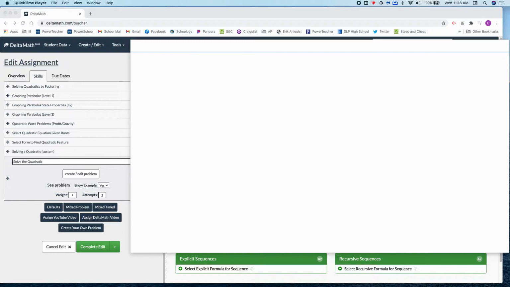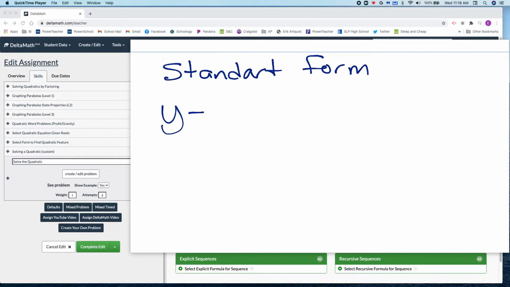The other thing that you need to know is that you've got 3 forms that you're looking at. The first one is standard form. Standard form of a parabola looks like this. And you get some specific information from this.